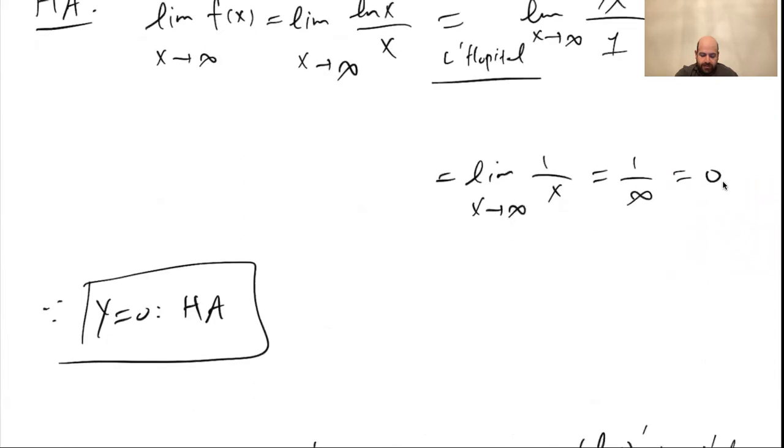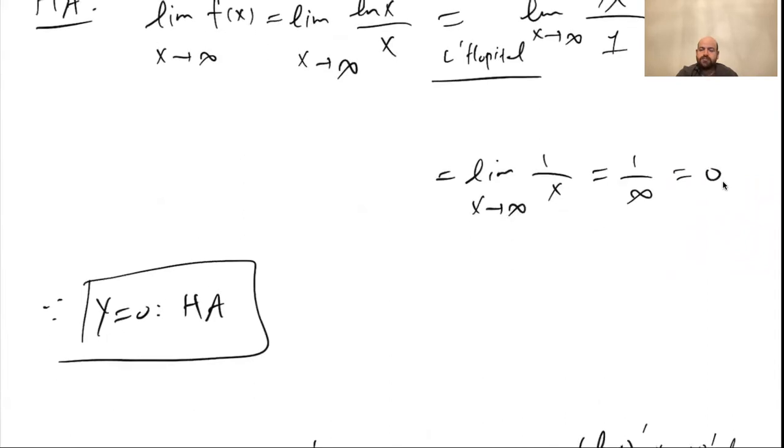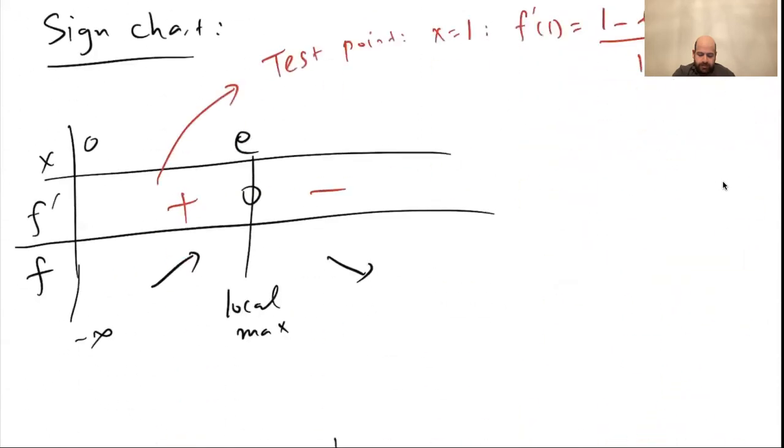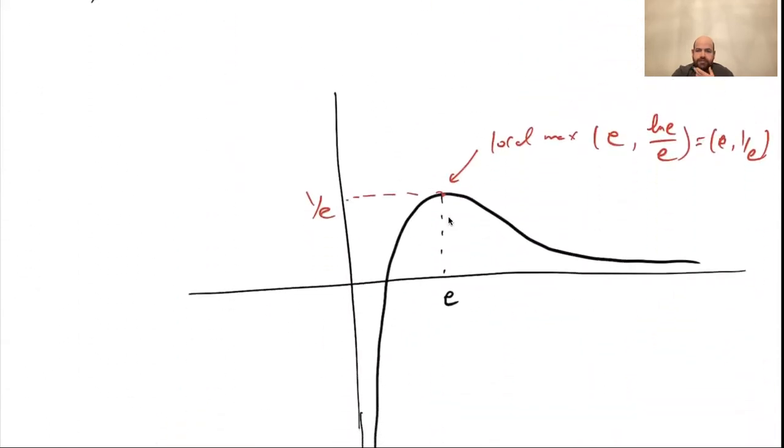We had it here. And we also saw that we have one x-intercept at 1. So this point is 1. And we saw that we have no y-intercept. We had only one x-intercept.